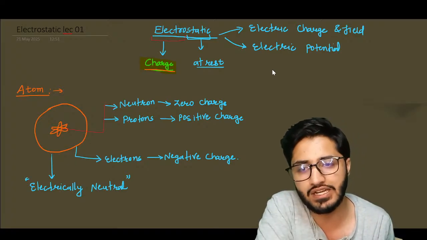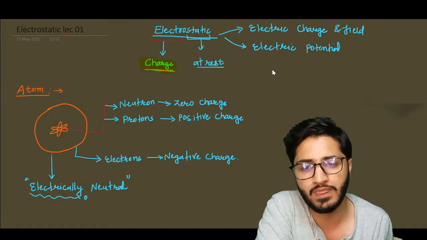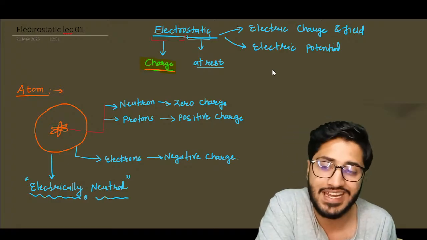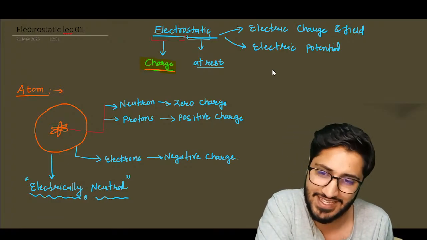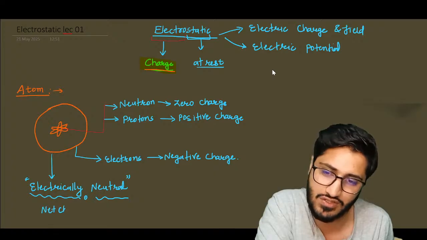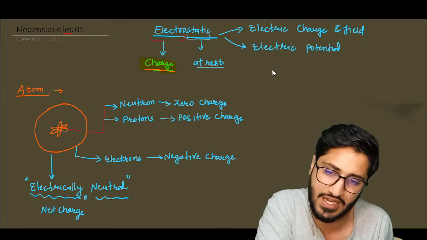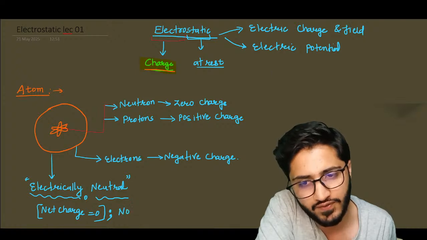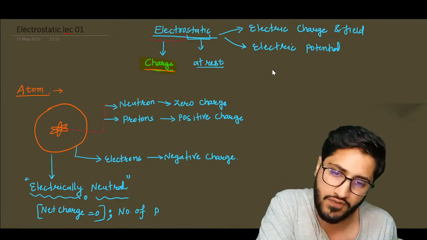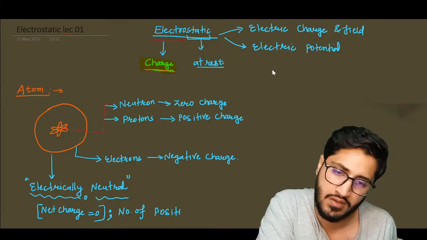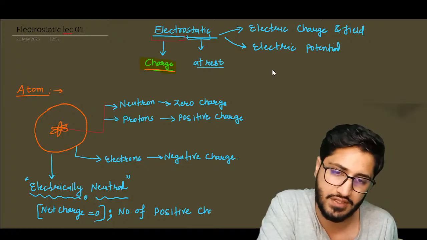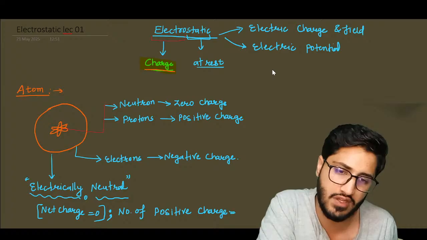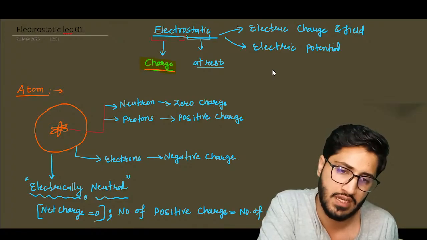It means it doesn't carry any net charge, that is, net charge is equal to zero, which simply implies that the number of positive charges is equal to the number of negative charges.